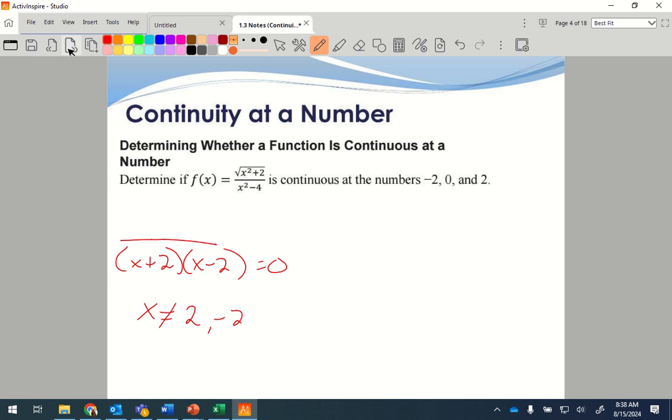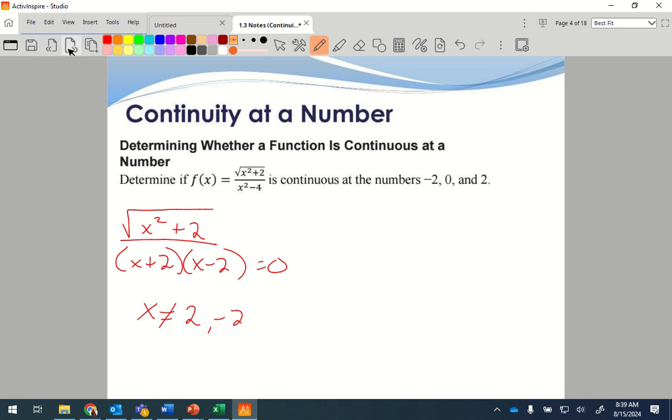Okay, that's a good start. My other restriction is a square root. So it's going to say the square root of x squared plus 2. And I know here that it's got to be greater than 0. Can it be less than 0?